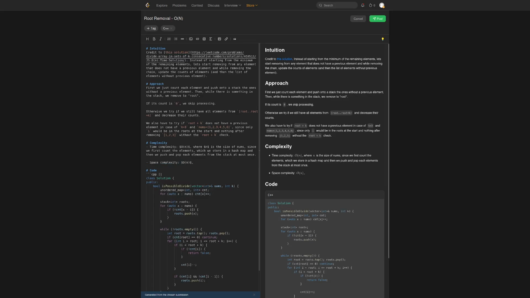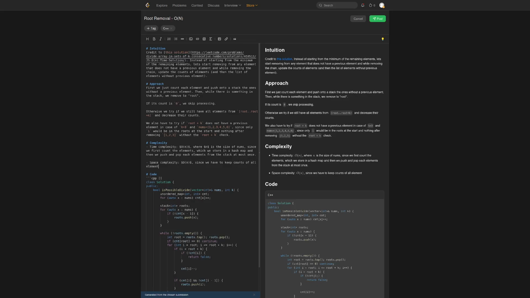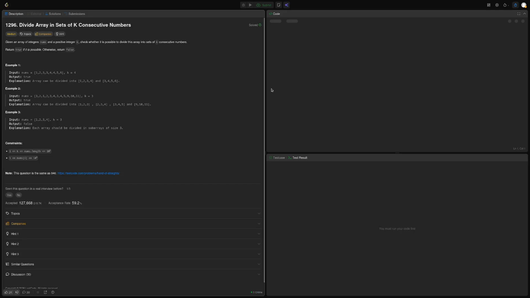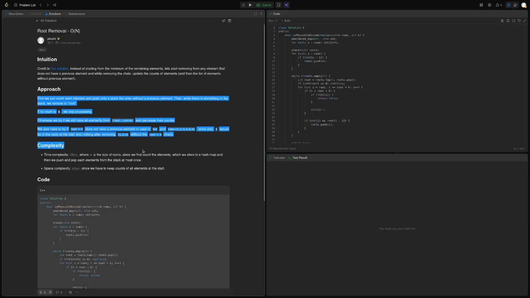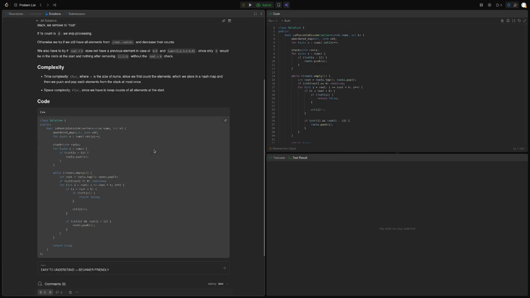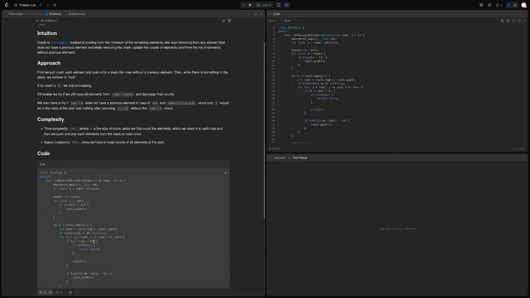Space is O(n), since we have to keep counts of all elements at the start. Okay. I mean, interesting, but it's not much faster constant factor wise, maybe the stack is slow. I don't know, but I don't care. Goodbye.